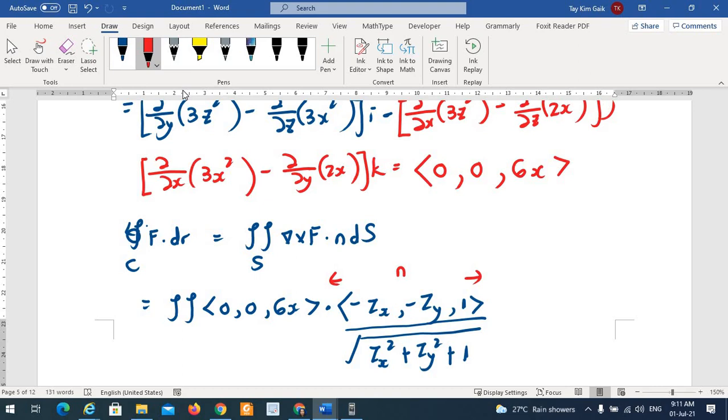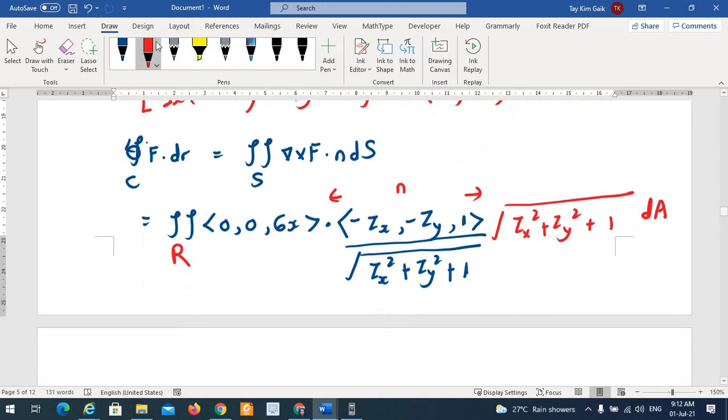Then dS, one unit of surface area, has a formula in the double integral: square root of zx squared plus zy squared plus 1, dA. Because your surface is 3D, to project it onto region R means dA on region R. And now, this square root and square root cancel.